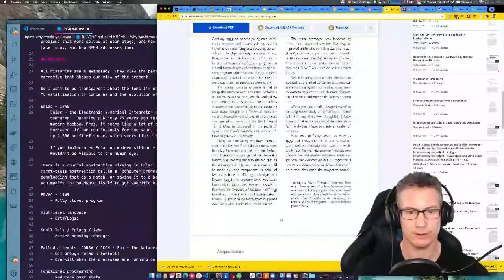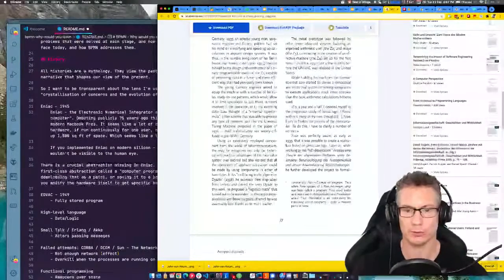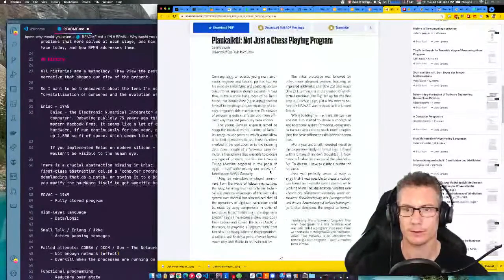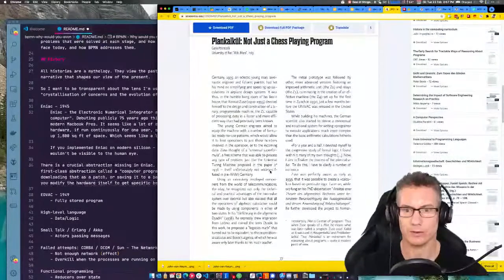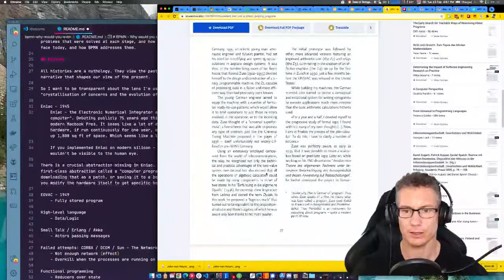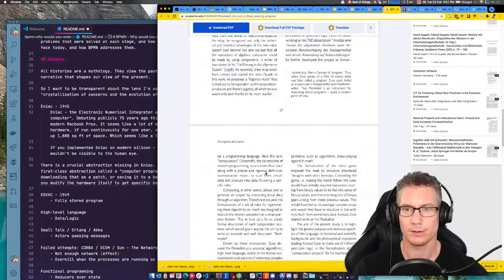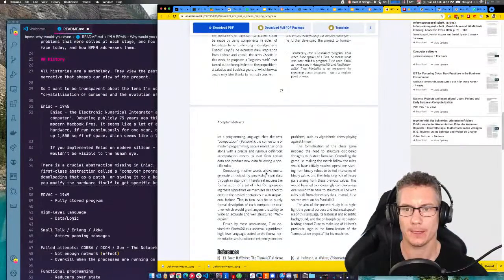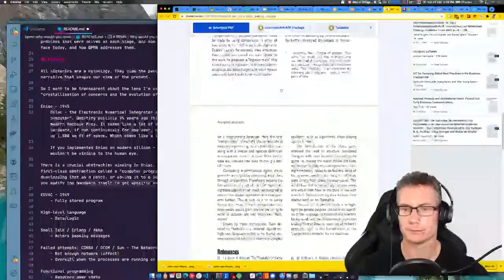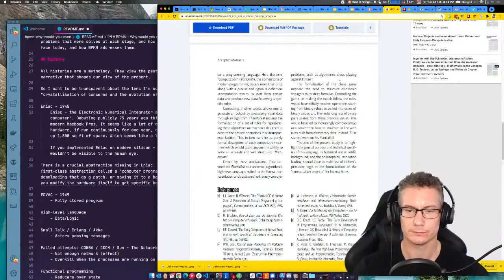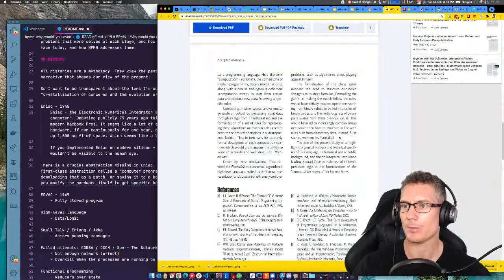Logistics maths. Propositional calculus, Boole's algebra. Yeah. Z2, the Z3, it's a digital computer. Predicate logic. Oh man, this guy's a genius. Yeah, but I want to see the actual program.